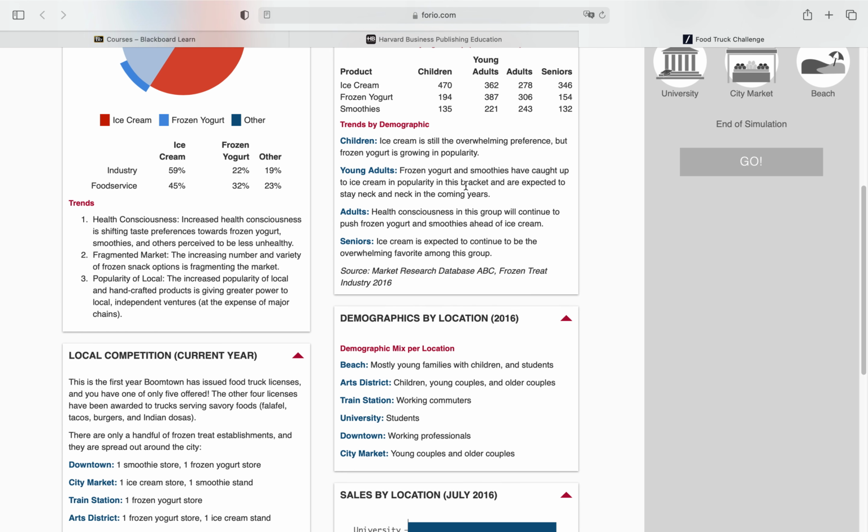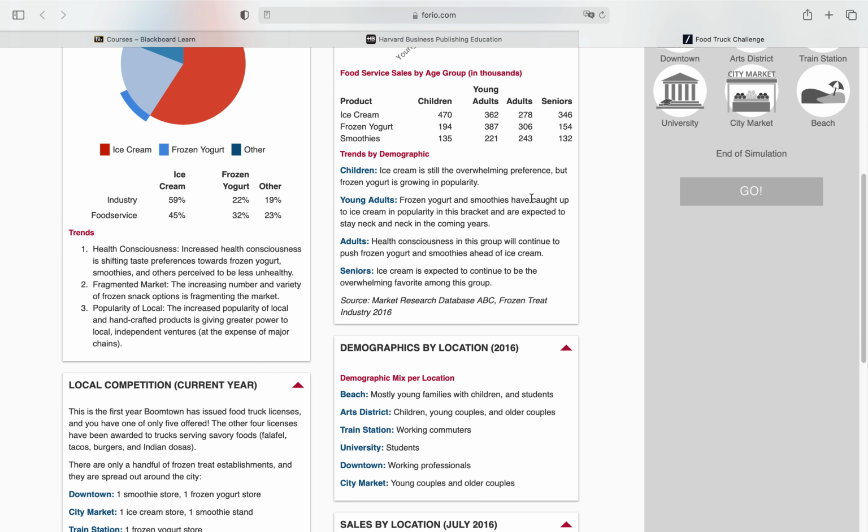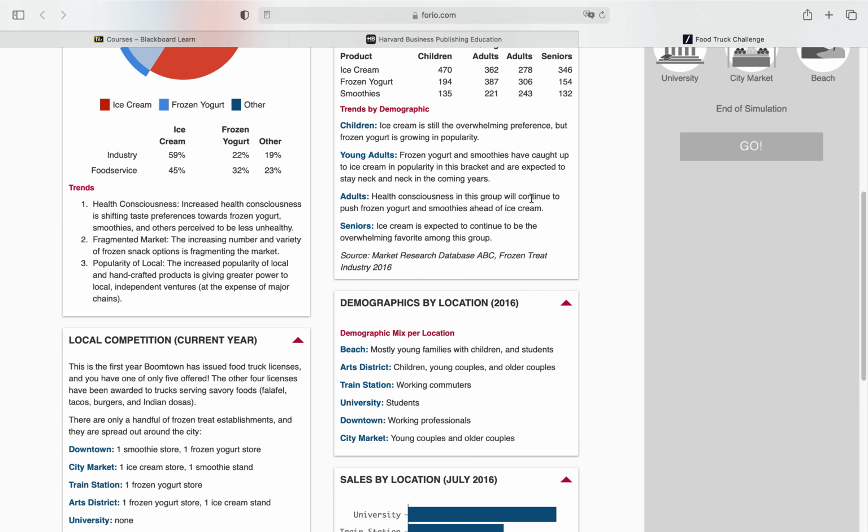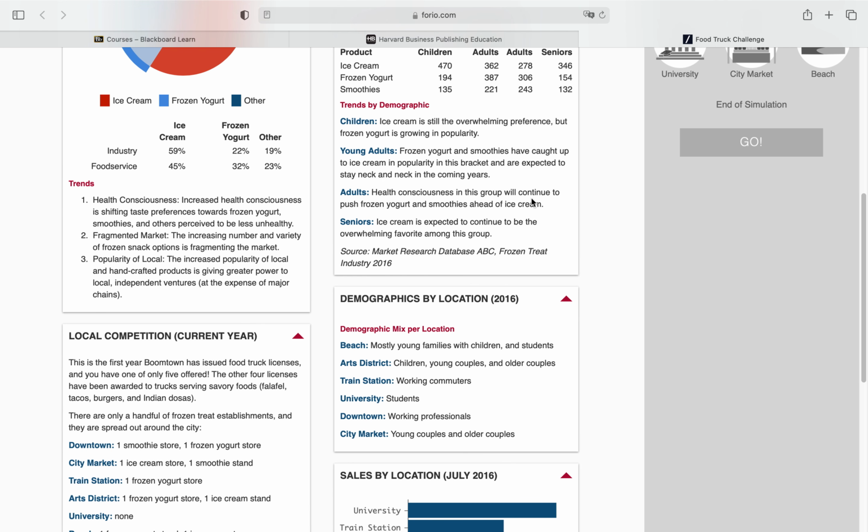And then trends are explained by four different categories, and you want to read into that. It explains in a little detail what each demographic prefers, and you want to put that into consideration when you make your decision.